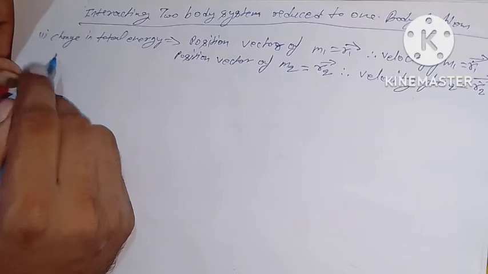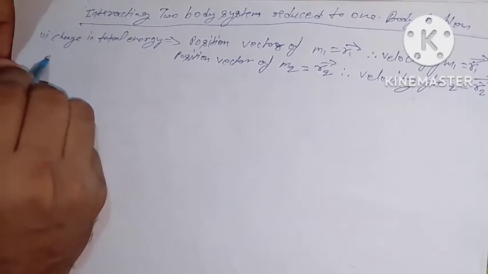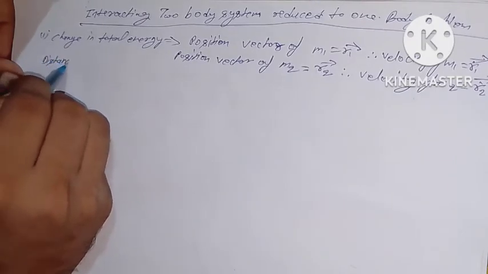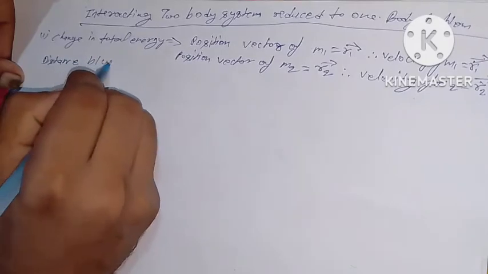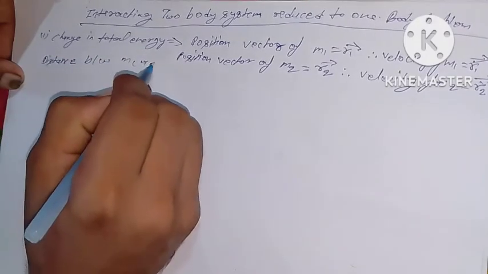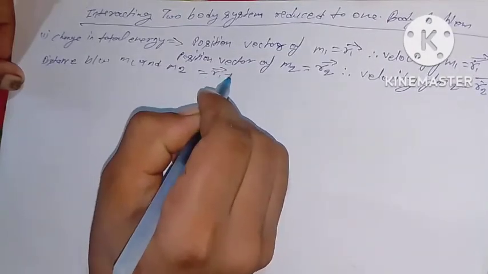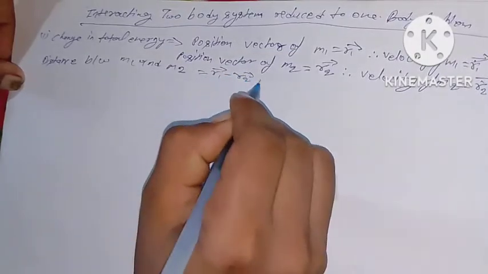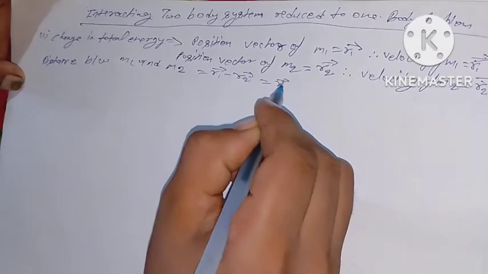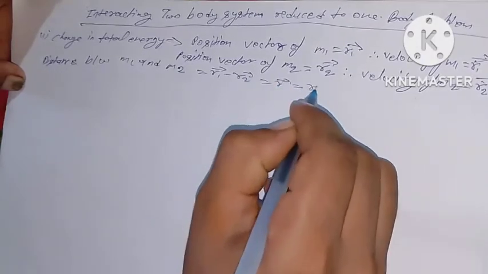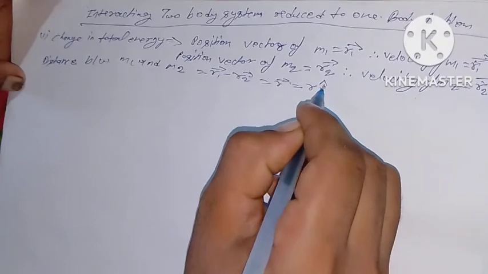The distance between m1 and m2 is r1 vector minus r2 vector, equal to r vector, equal to r times unit vector r.